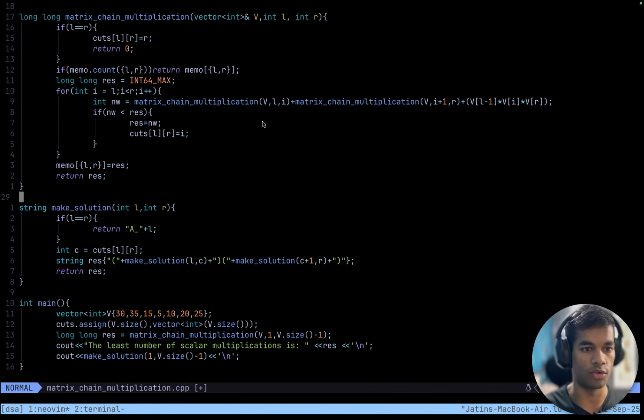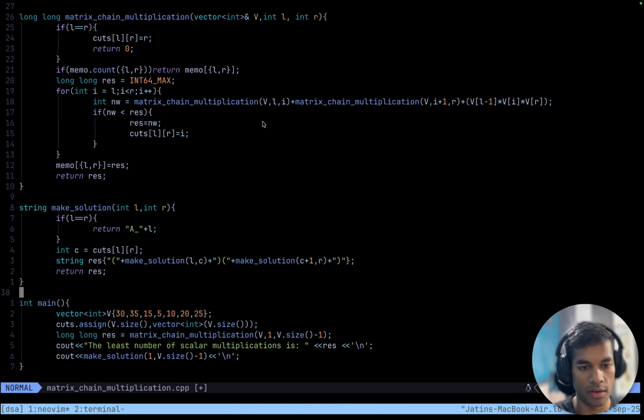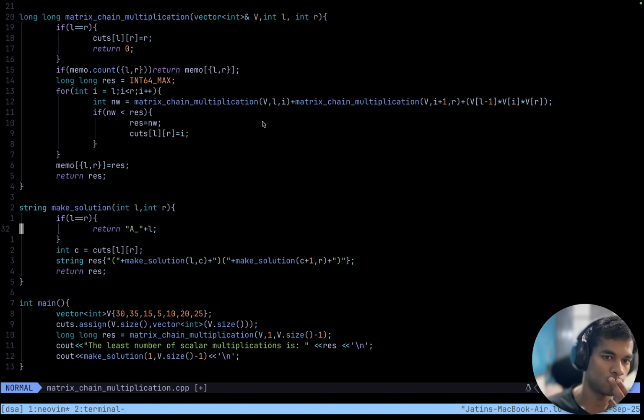And yep, back to this thing. We haven't even begun reading the question. Yeah, vector int v. So this thing is not making the solution correctly. I think the problem might be with this part.